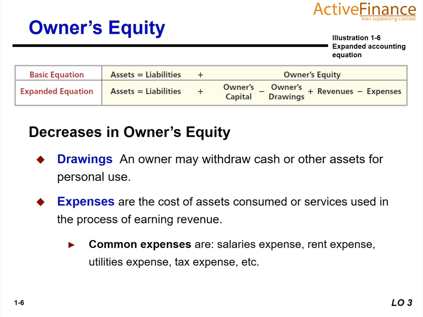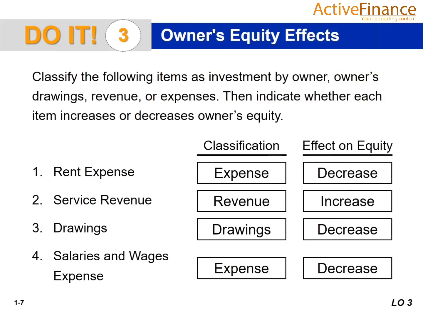Expenses, the cost of assets consumed or services used in the process of earning revenue, are also decreases. Common expenses are salaries expense, rent expense, utility expense, and tax expense, etc.